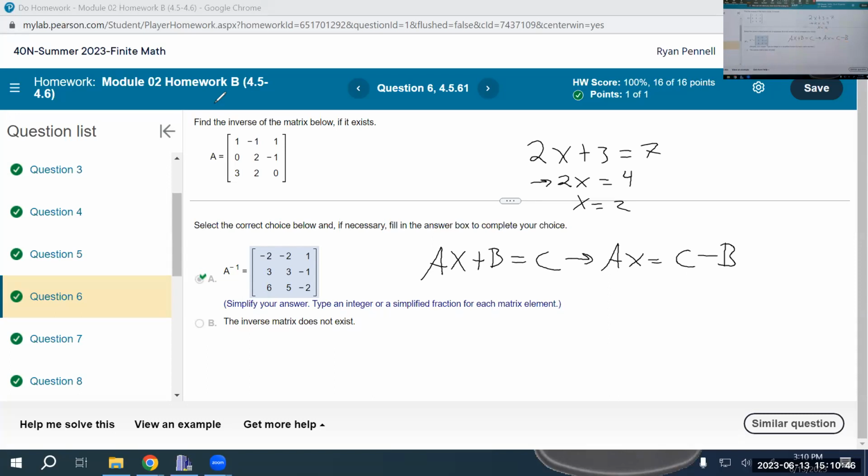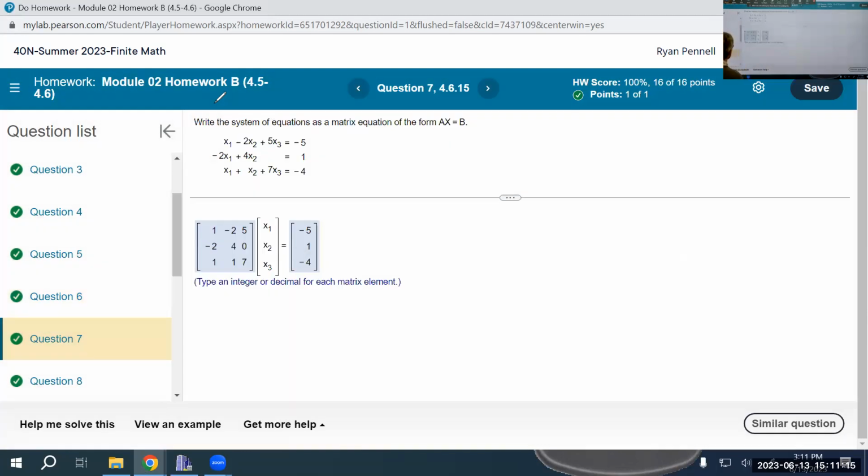How do you divide matrices? We use the inverse. So we're going to see the inverse of A times A, and these will cancel to the identity matrix. So that's how we're going to get division, is multiplying by the inverse. That's how we do it. Okay.